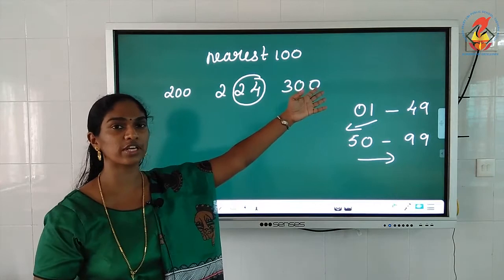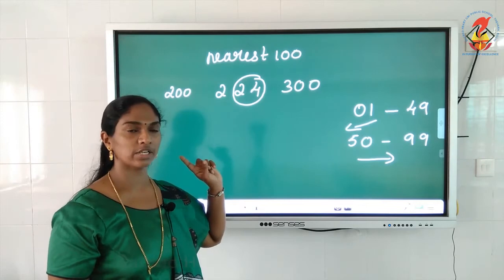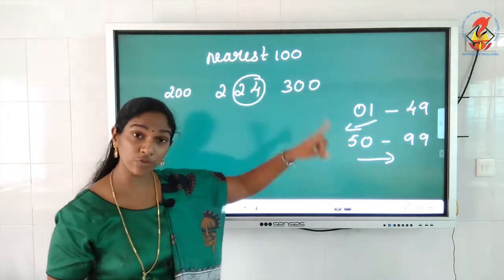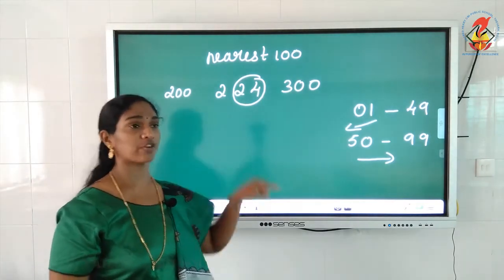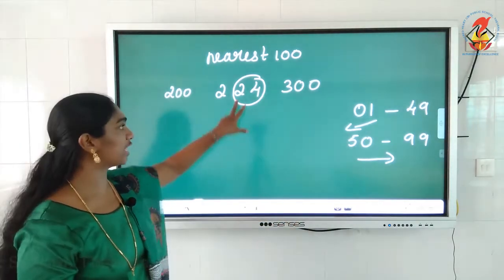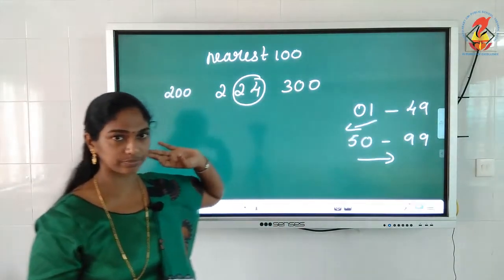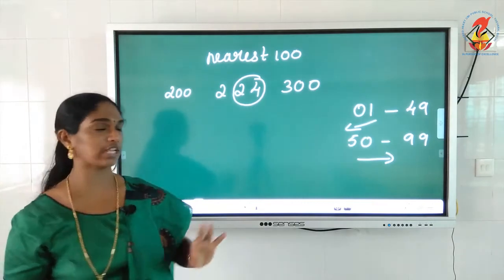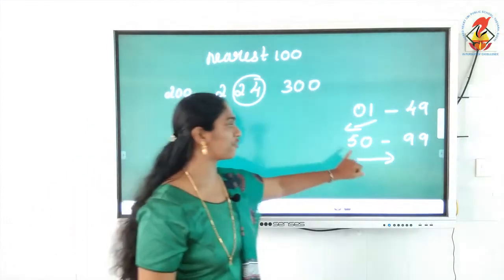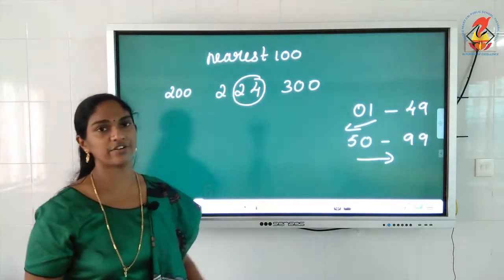Which is the next 100 over here? 300. Understood? What did we do in 10? If it was from 1 to 4, it goes to the first 10. From 5 to 9, it goes to the next 10. Here, you will take the last two digits. If it is from 00 to 49, then it is rounded to the first 100. If it is from 50 to 99, it is rounded to the next 100.